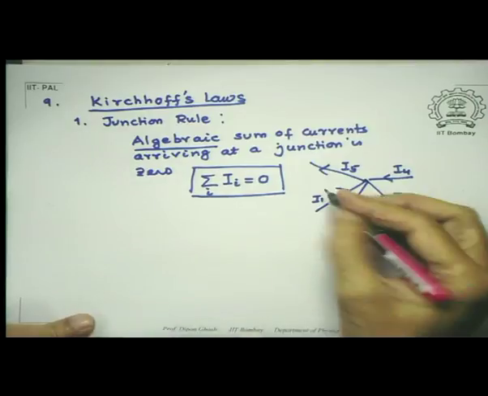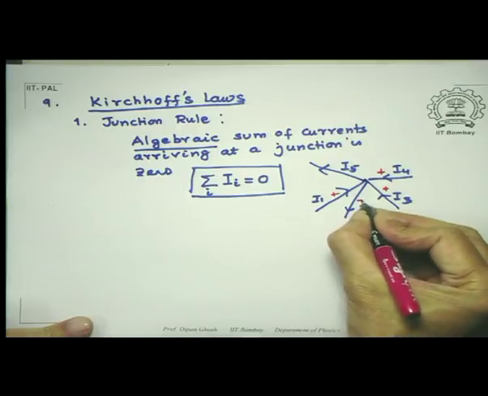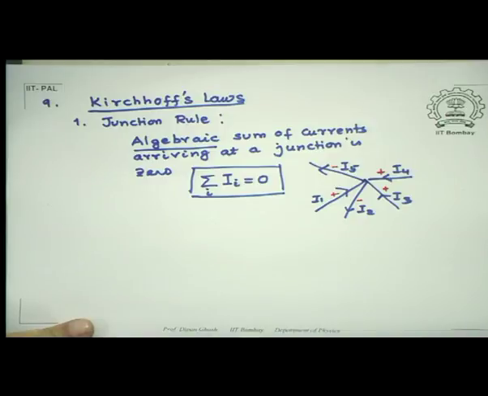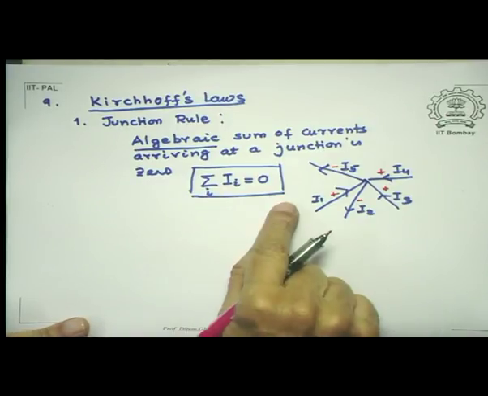Supposing I decide that the current arriving at a junction is positive, then my I1 is positive, I3 is positive, I4 is positive. But this is negative because it is leaving a junction. This is negative because it is leaving a junction. So this is what is meant by algebraic sum.